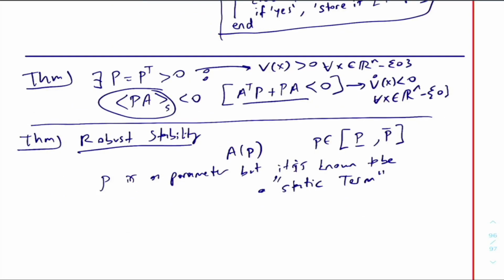For example, it depends on temperature or something. It takes between 3 and 5, but as temperature increases, so does P, let's say. In that case, you wouldn't want to have only robust stability proved.